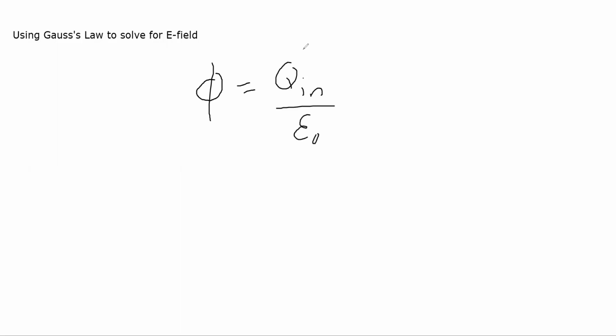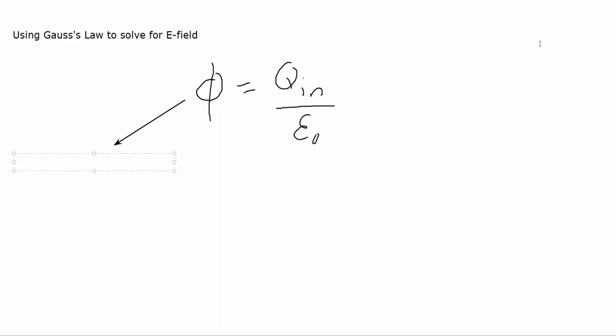And if you have your conditions met with flux, remember the conditions for flux, that if we have a symmetric surface that matches the symmetry of the charge itself, matches the symmetry of the electric field. So let me put that in.